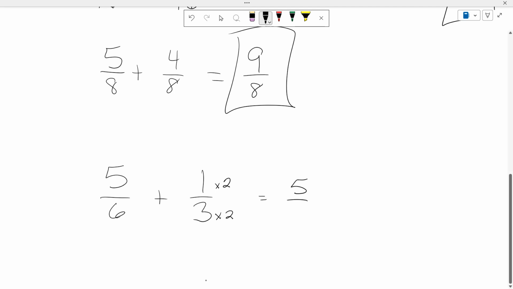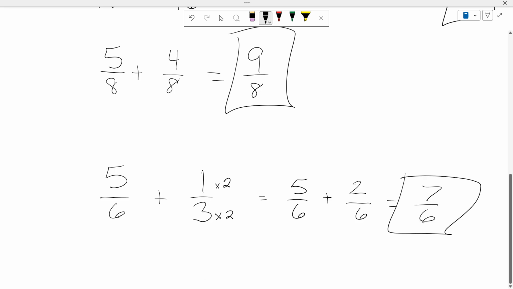So we have 5/6 plus 2/6. 5/6 plus 2/6 make 7/6. And like I say, we don't have to change that into 1 1/6. Don't make it into a mixed number. Just leave it as an improper fraction as 7/6.